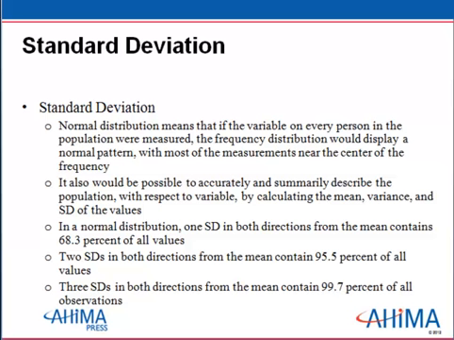Normal distribution means that if the variable of a particular characteristic for every member of the population was measured, the frequency distribution would display a normal pattern with most measurements near the center. It would also be possible to accurately describe the population with respect to a variable by calculating the mean, variance, and standard deviation of the values.